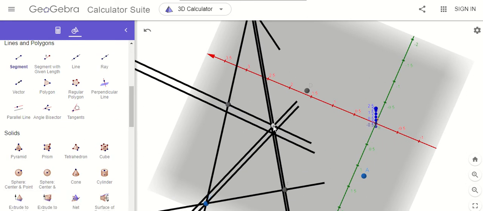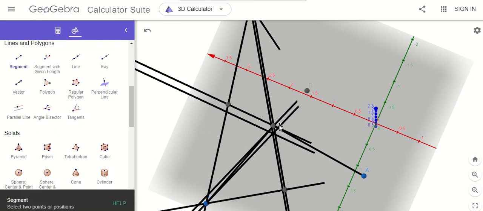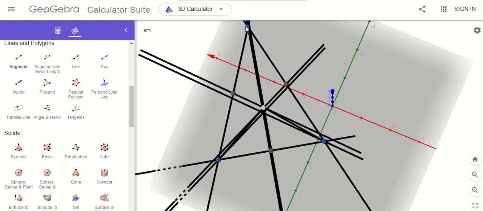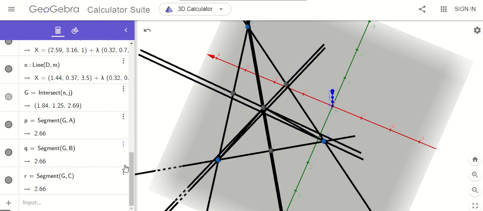We use this point here to go to A, and the segment from this point in here to go to B, and the last one, that's about C.